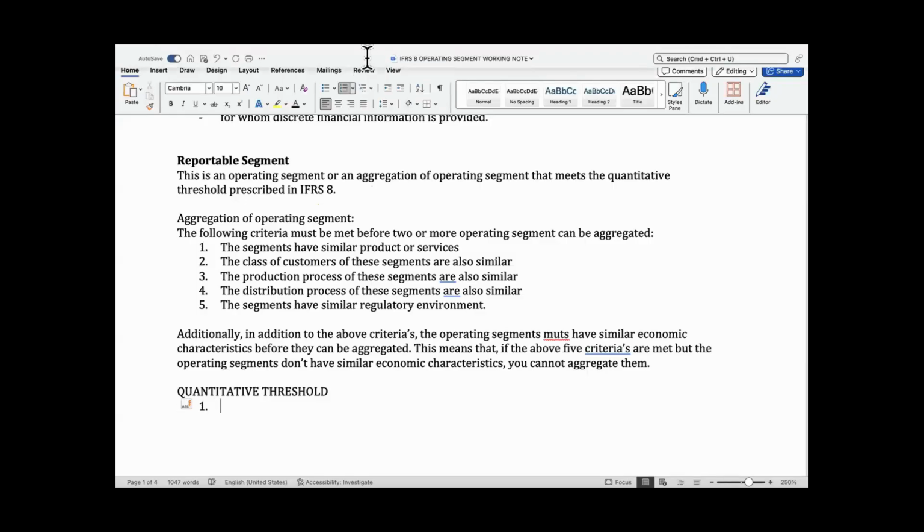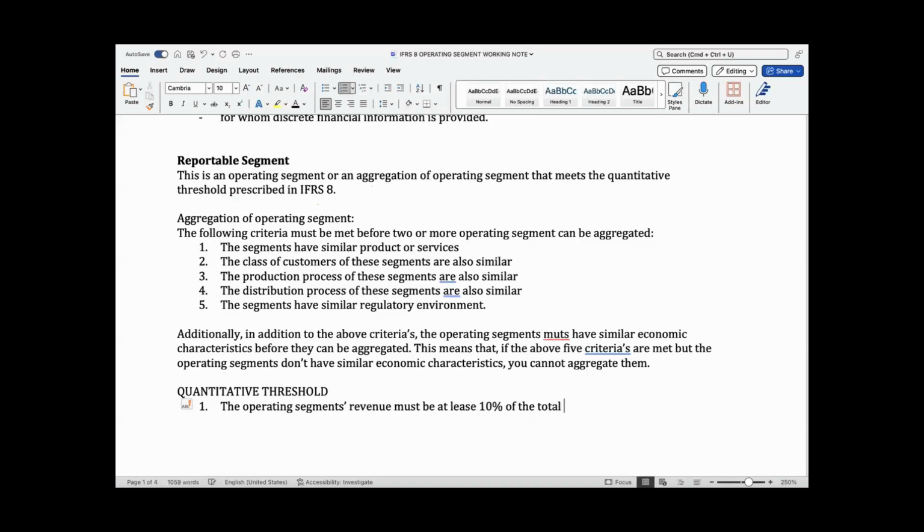Number 1, the operating segment revenue must be at least 10% of the total segment revenue.